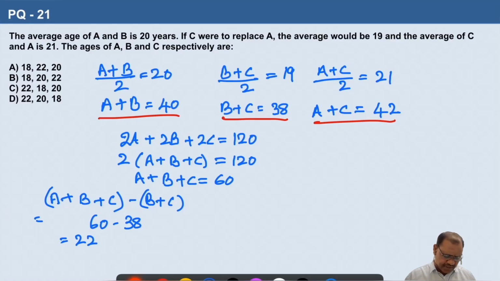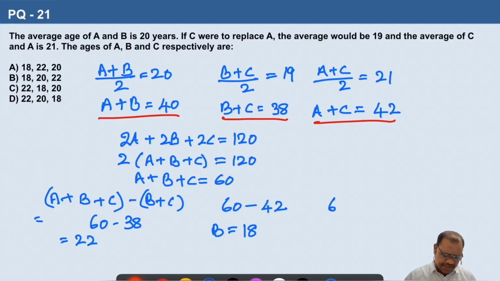Similarly, from A plus B plus C, subtract A plus C, you will get the age of B. 60 minus 42 is 18.